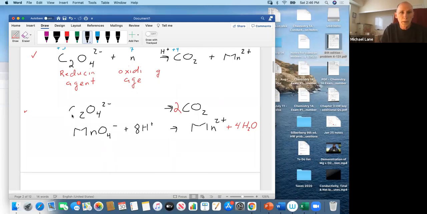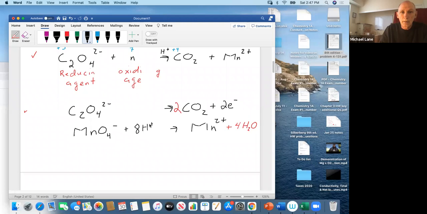Okay, we say these reactions are balanced with respect to mass. There's the same number and types of atoms. However, if I look here, on the left, I have a -2 charge. Over here, I've got no charge. So I'm going to balance that by adding some electrons.